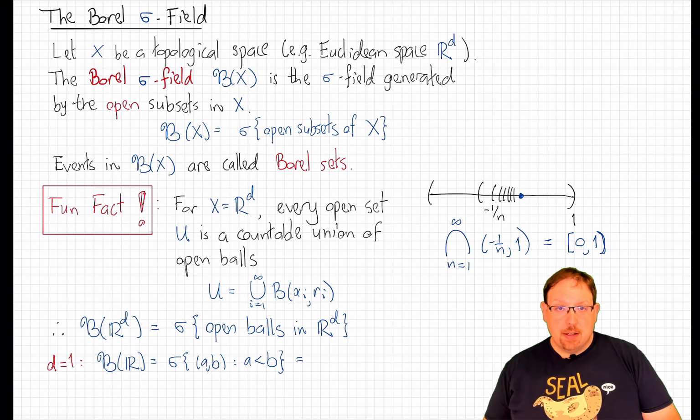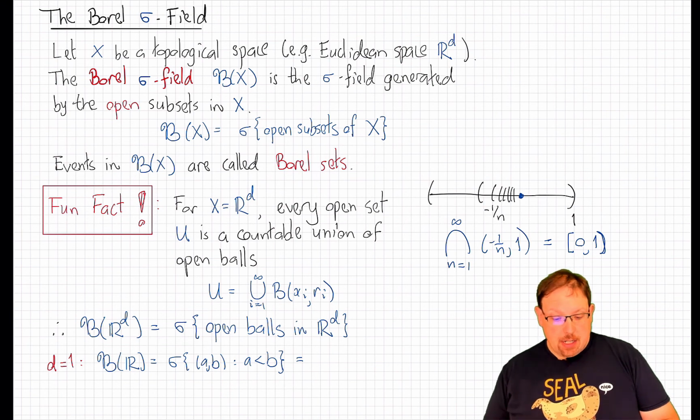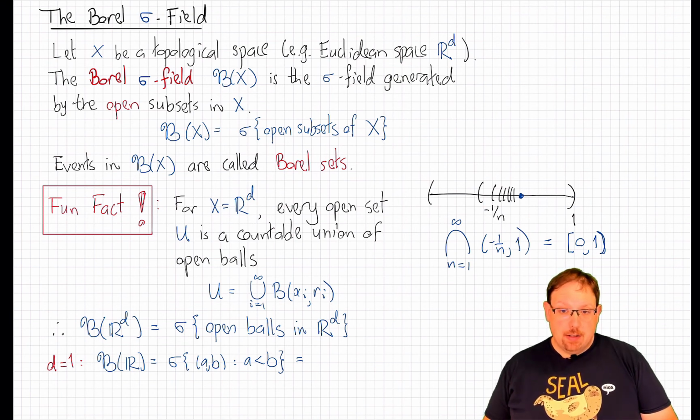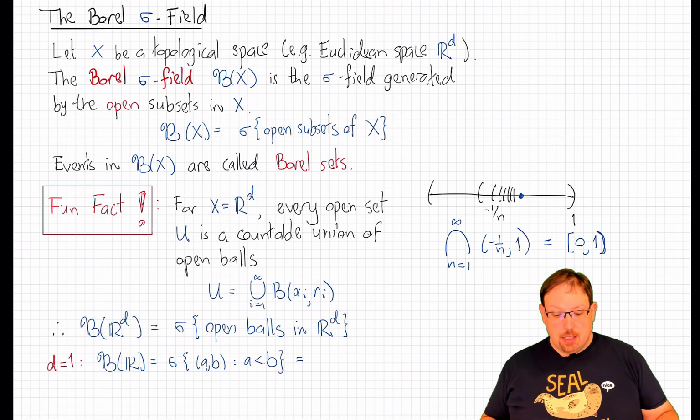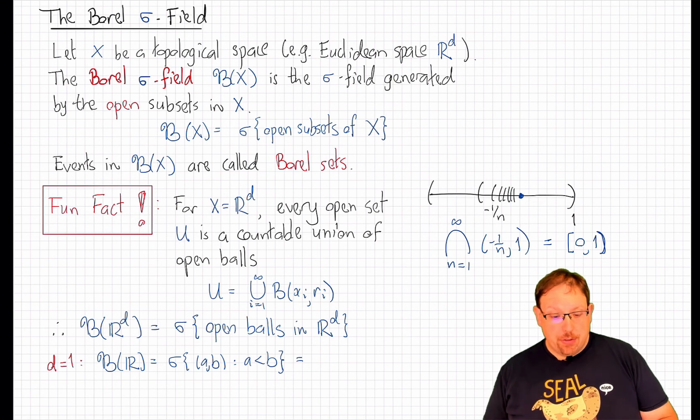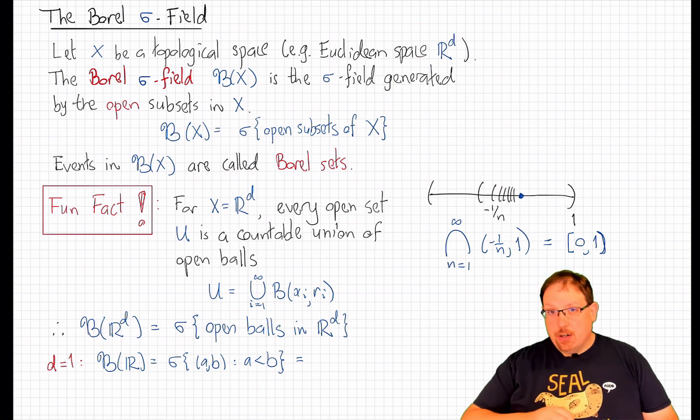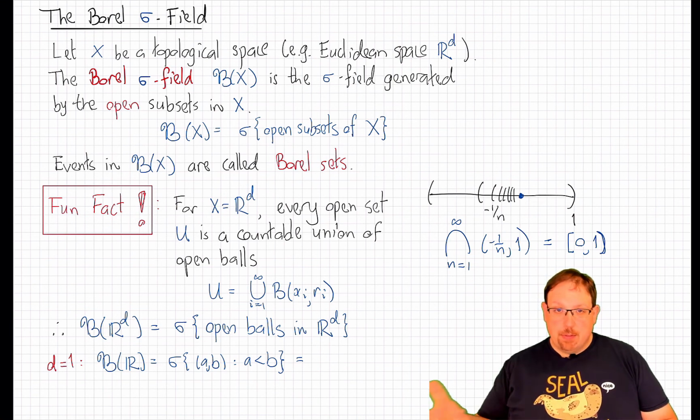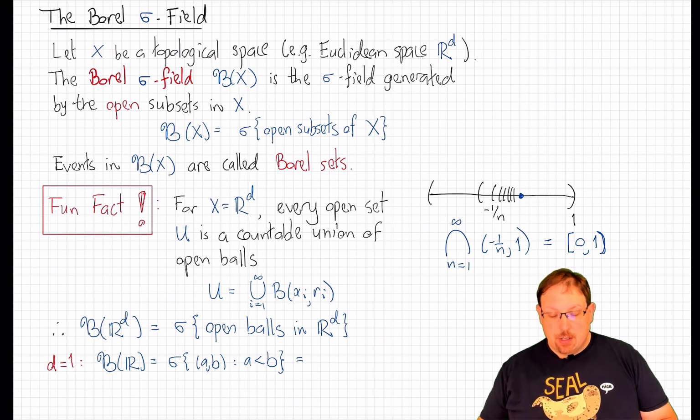If we're in the nice situation where the topological space is Euclidean space, then there's a nice characterization of what the open sets are. In fact, in Euclidean space, in R^d, every open set is a countable union of open balls. Balls centered at some different points with some different radii. And this will be useful later on.